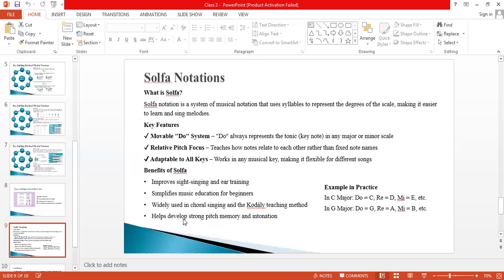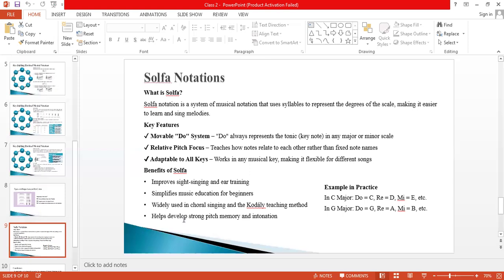And lastly, adaptable to all keys. It works in any musical key, making it flexible for different songs. Whatever key you want to sing, the solfa notation is movable and flexible enough to work with all the keys.